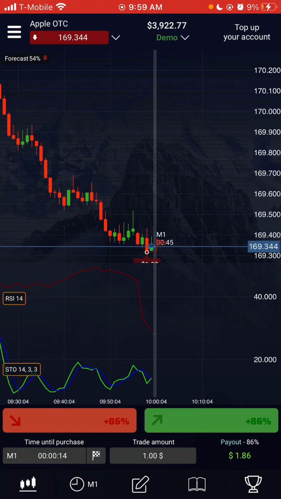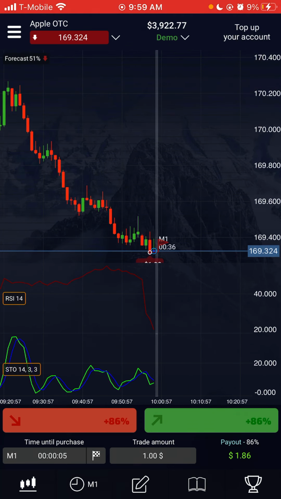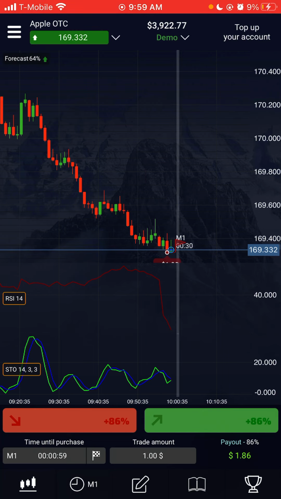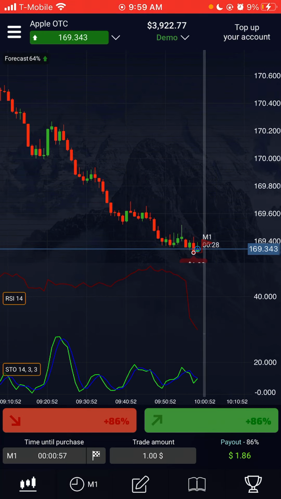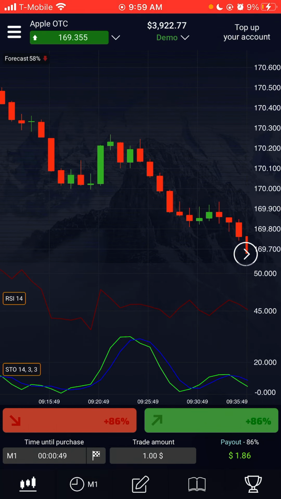And here's why this wasn't the absolute best entry. Because you really want to take your entry when the stochastic lines cross at the top, when the stochastic lines both cross below from the top.